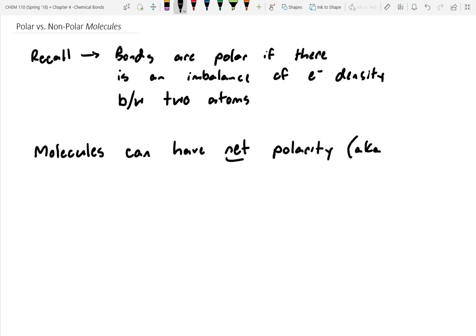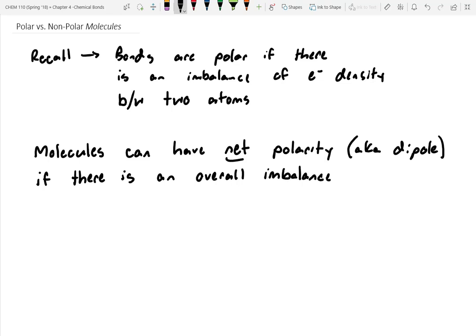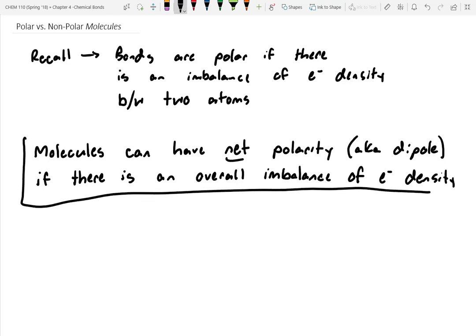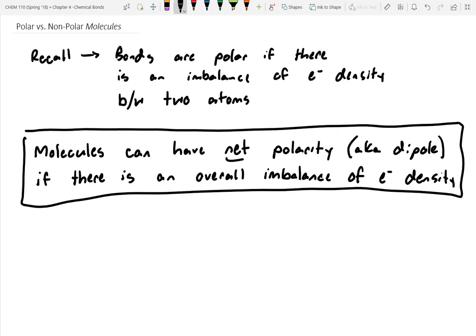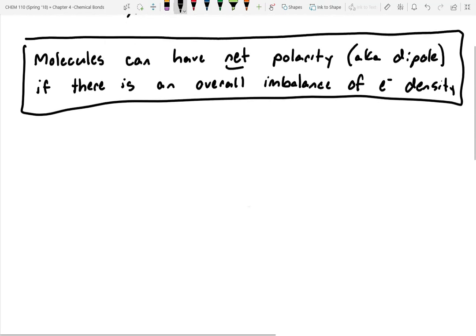This is called a dipole, if there is an overall imbalance of electron density. And I'll show you what I mean by this because it does seem a little bit weird making this distinction between a bond and a molecule being polar. So let's take a look at an example here.